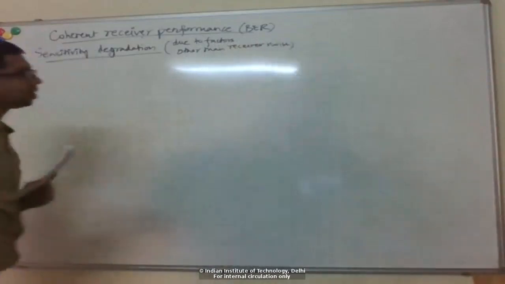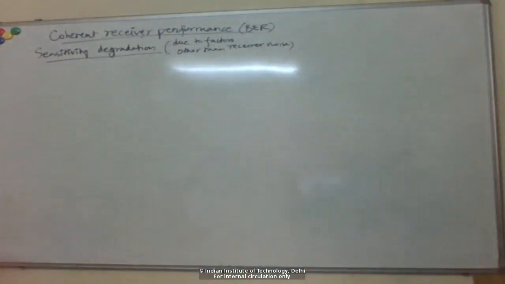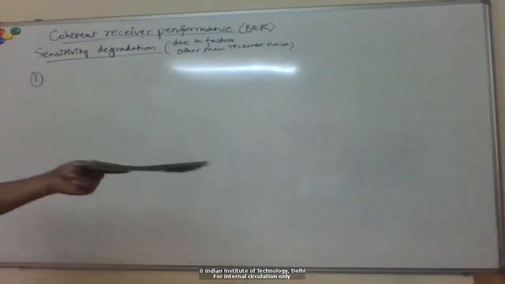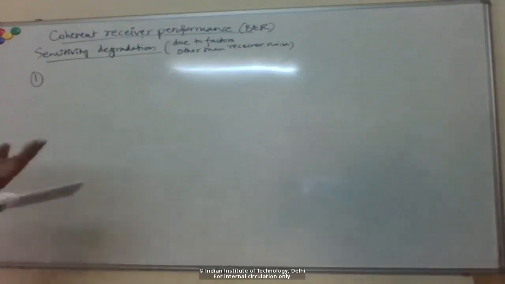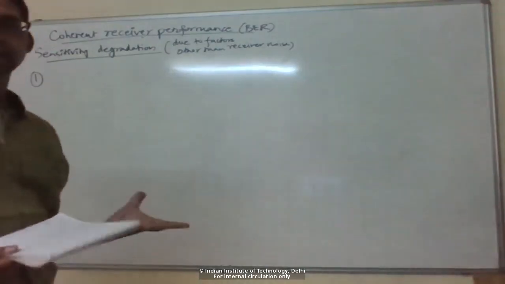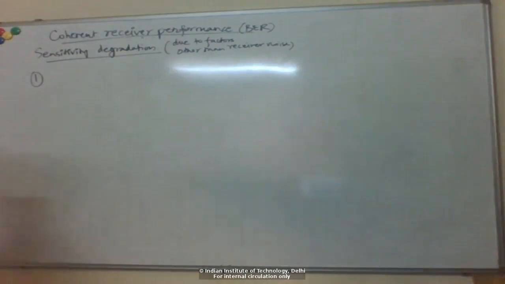So in addition to receiver noise, there are some other factors which could cause degradation in the sensitivity. For coherent detection, of course, we are beating two signals, the local oscillator with the incoming signal. We saw that phase and frequency stability is very important.